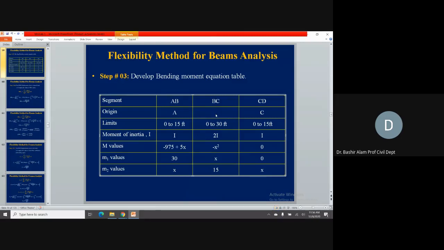This is C origin. And here the origin is D. Now this is correct. So this was basically a mistake, and we have corrected this.